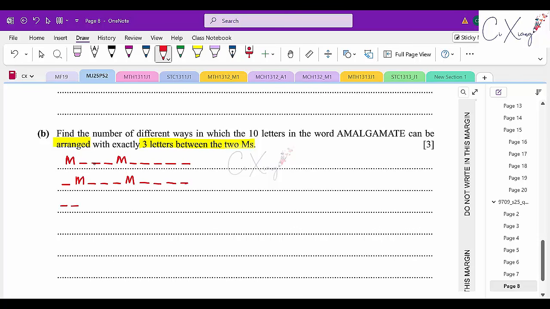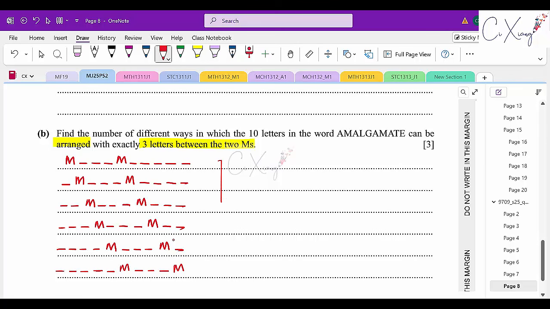Okay, so if I try to list out everything one by one, I try to arrange all the possible positions for the M with 3 letters between the two M's. So from here you can see that you're having 1, 2, 3, 4, 5, 6, 6 possible positions, right?